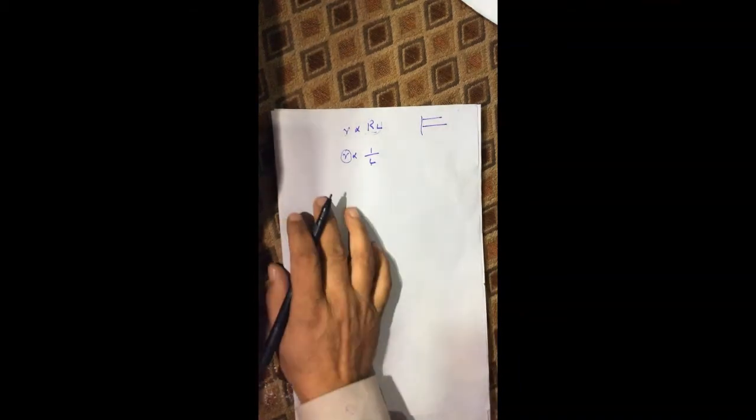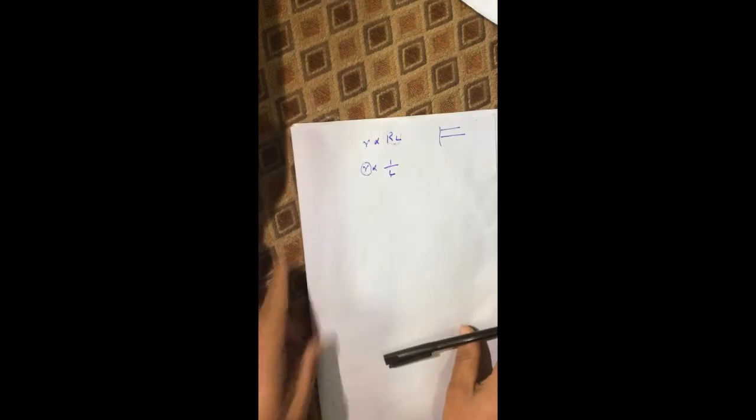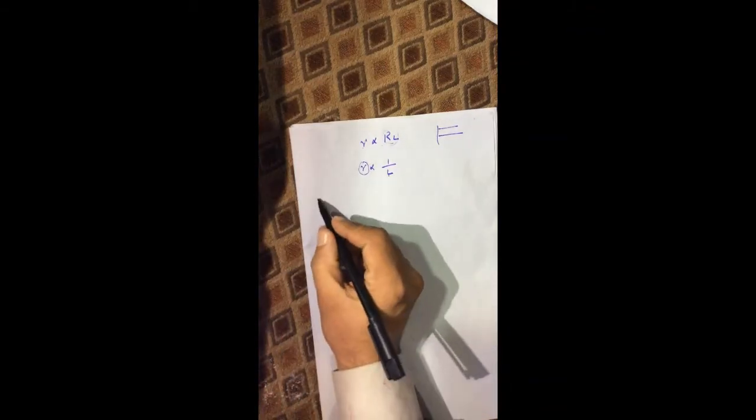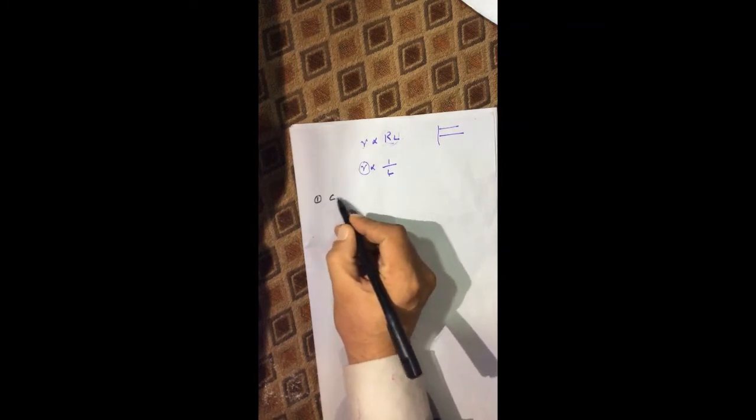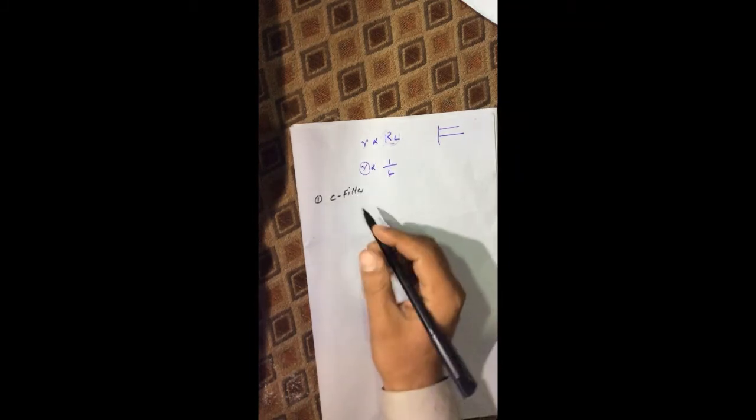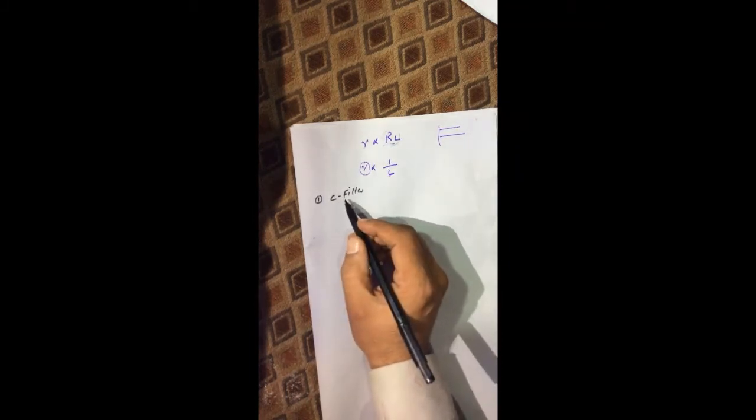Okay, guys, so far we had discussed two types of filter circuit. The first one we discussed in the previous videos was the C filter. This is also called the capacitor filter.